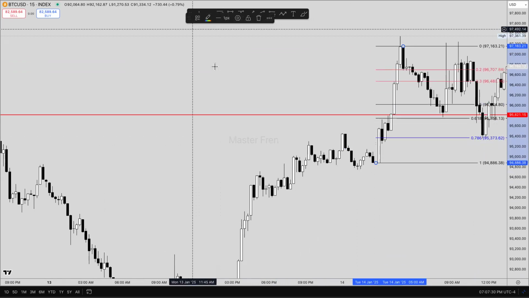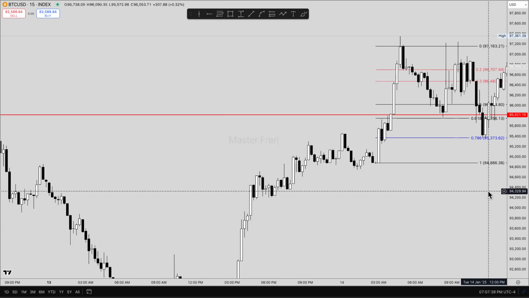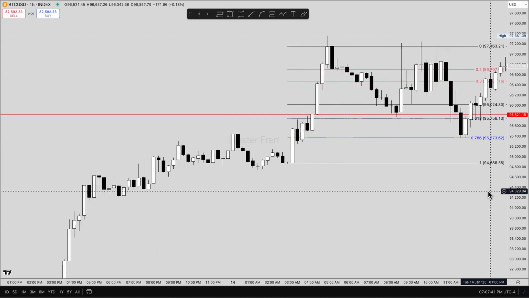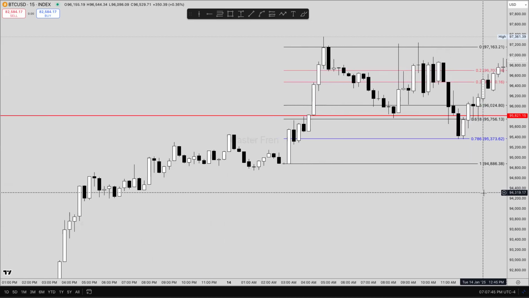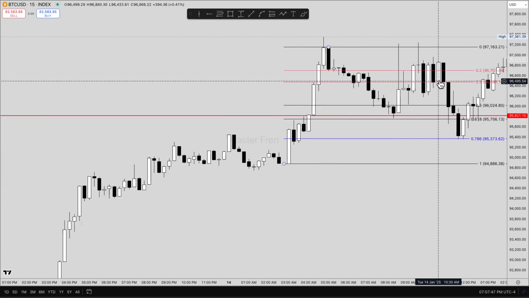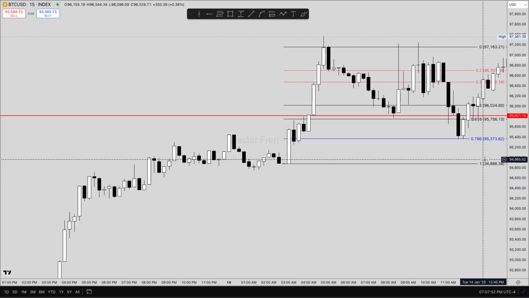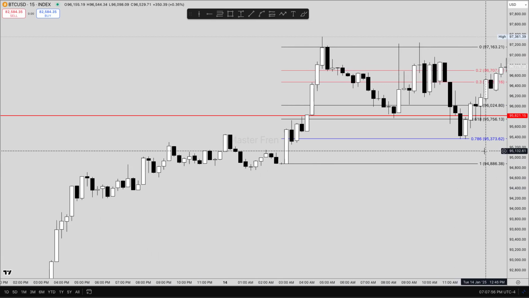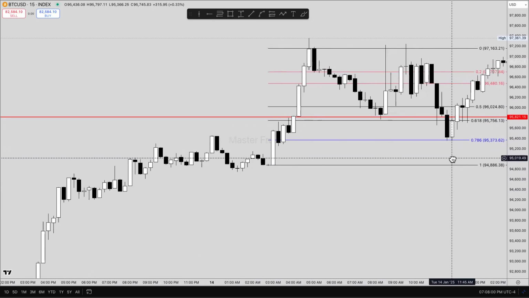Now, here's where things can get a little tricky, because this is where you're not sure if the trend's going to continue. You have these red candles here. You don't know that that swing low is going to hold. You can buy that, sure, but you can wait for your model. It could be the swing low, or maybe in the smaller time frames, you'll find a reversal model in there. So let's see what happens.